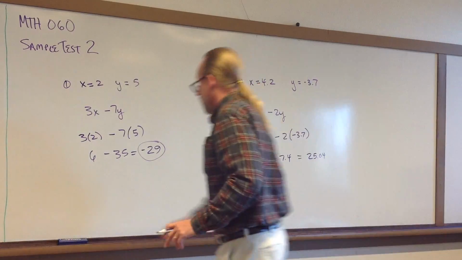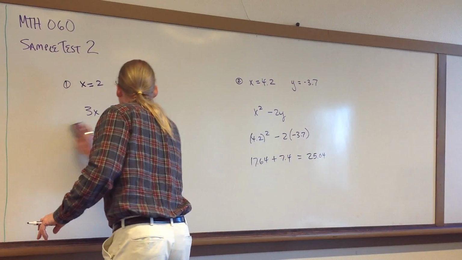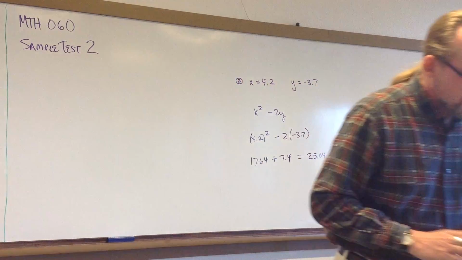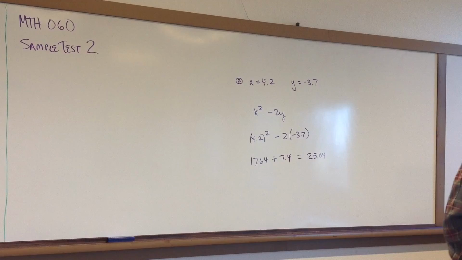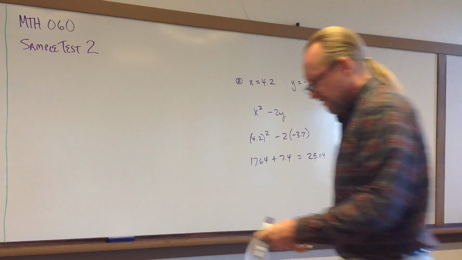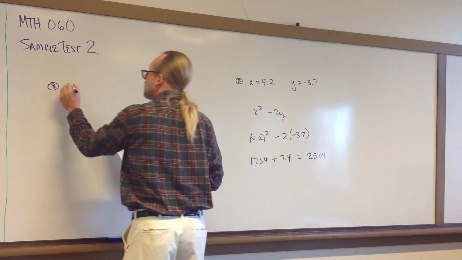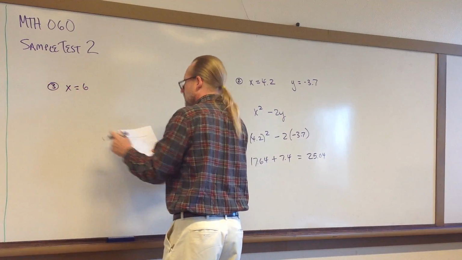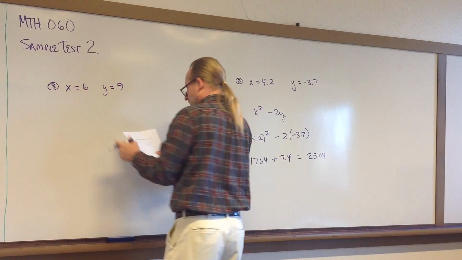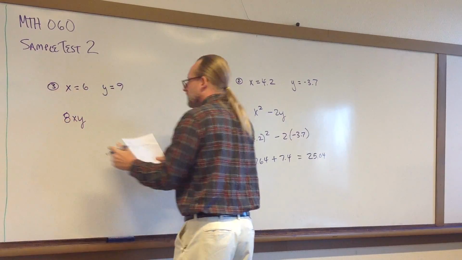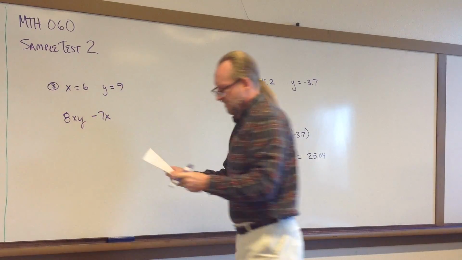Let's see. Problem 3. We've got x equal to 6, y equal to 9, and we want to calculate 8xy minus 7x.